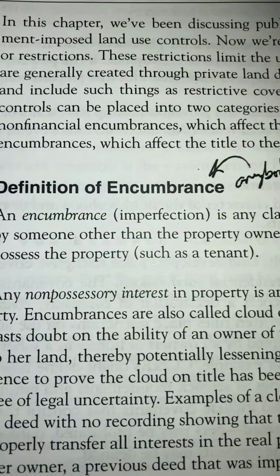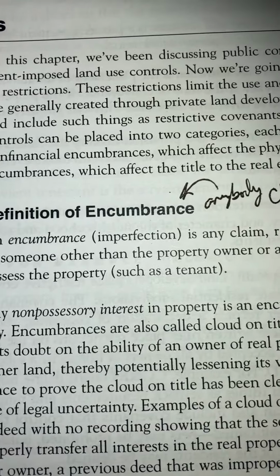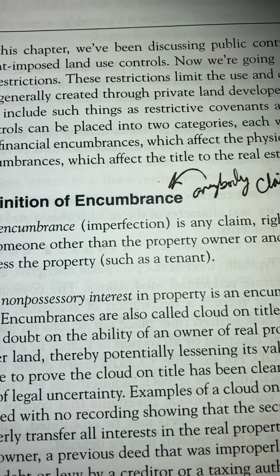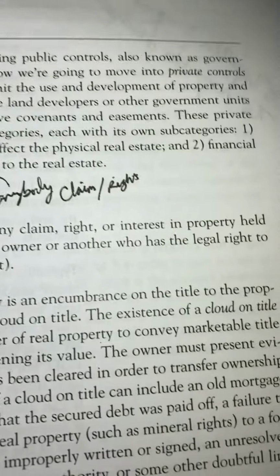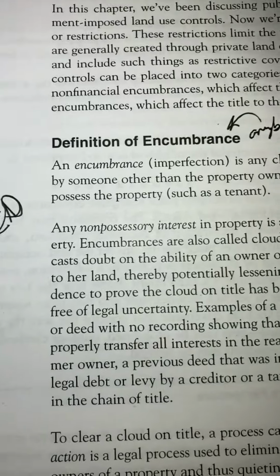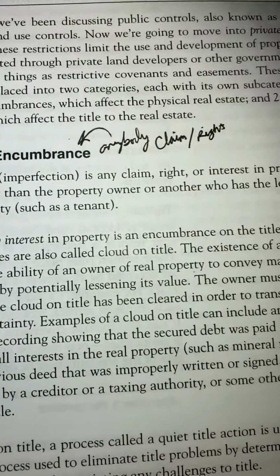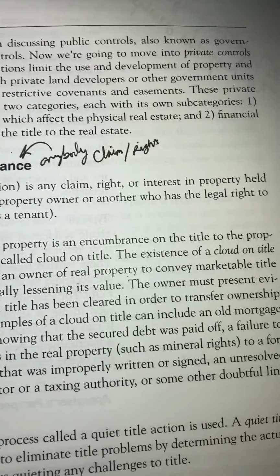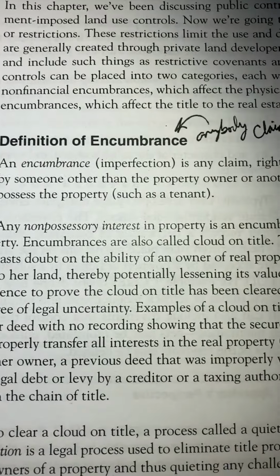Definition of encumbrance. An encumbrance, which means imperfection, is any claim, right, or interest in property held by someone other than the property owner or another who has the legal right to possess the property, such as a tenant.